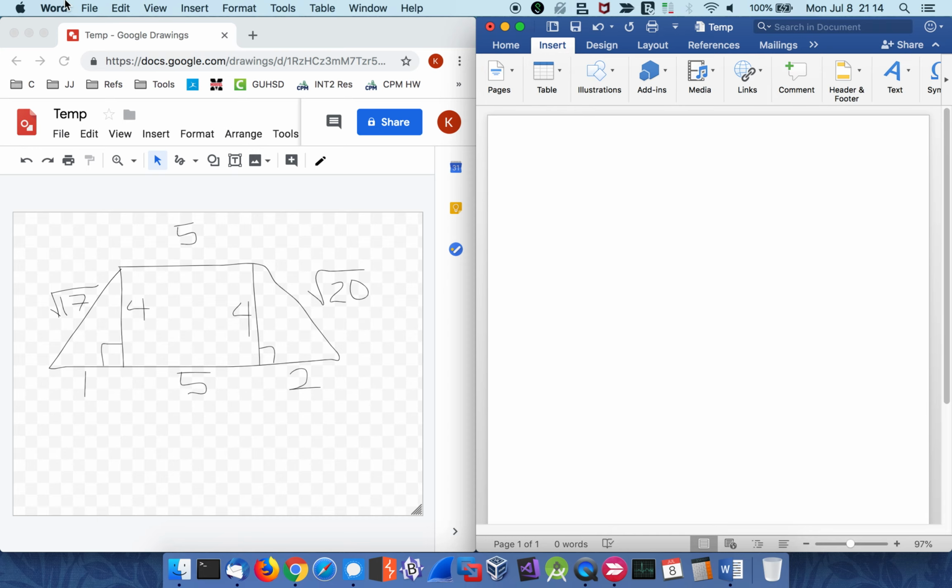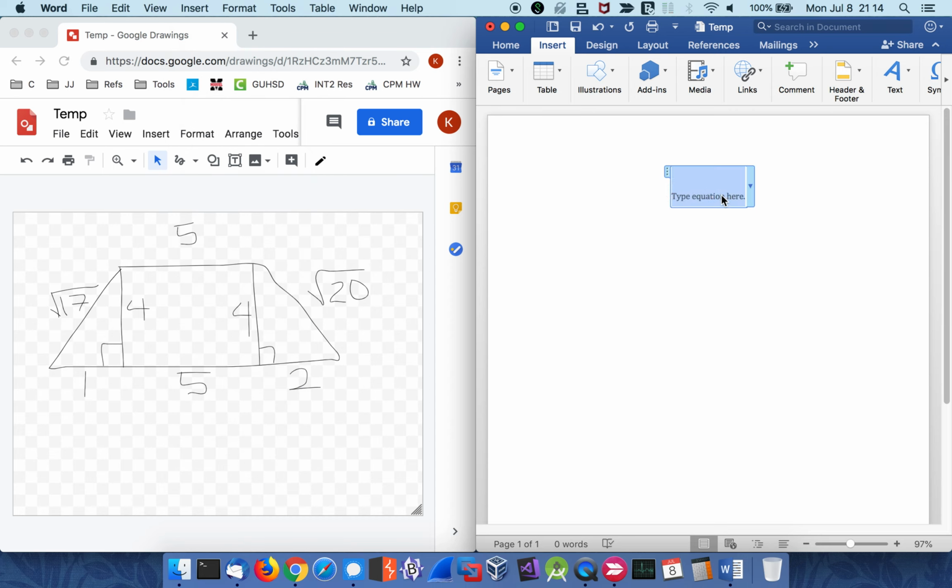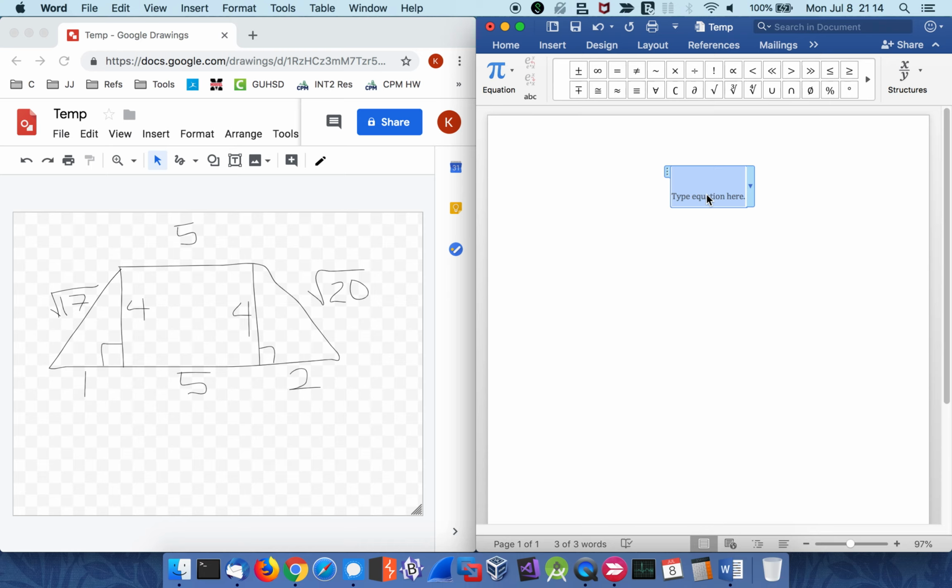Where's my equation? Insert equation. There we go. So we've got the bottom, so we've got 1 plus 5 plus 2, which we really know is 8. So 8 plus 5 plus, we've got that radical 20, so 20 to the 0.5.